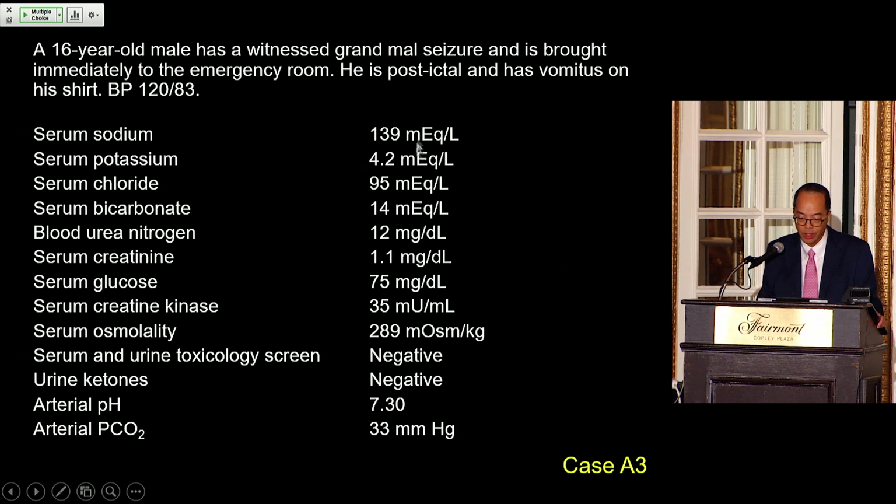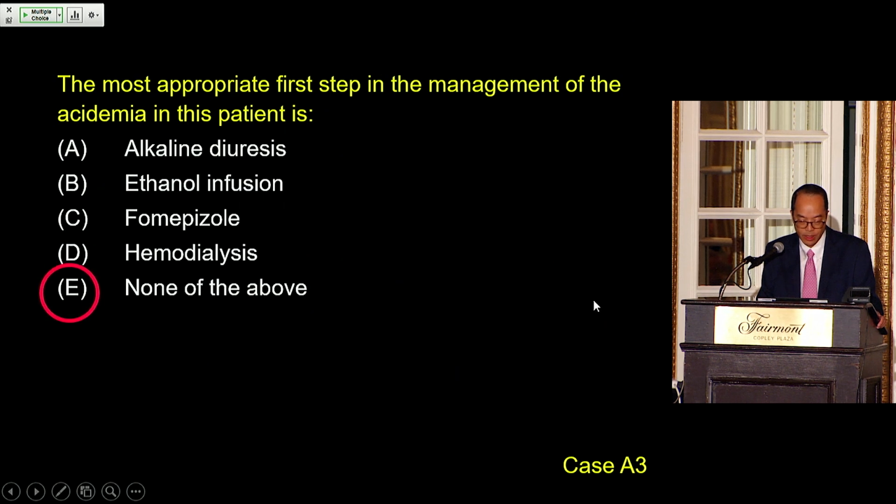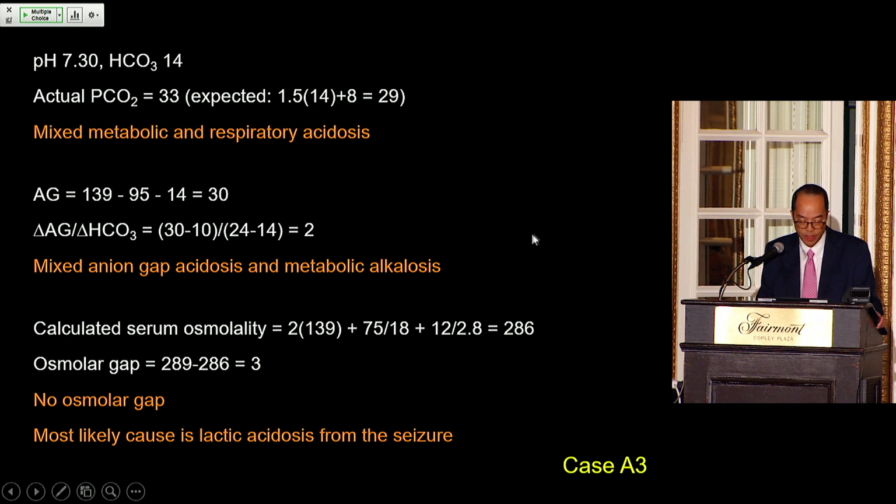So really the solution is not to treat the acidosis and just repeat the labs in 15 or 30 minutes, and oftentimes it's already resolved by then. But if you work through all the numbers, you'll see that it's an anion gap metabolic acidosis. There's also a component of respiratory acidosis and metabolic alkalosis, neither of which is very surprising, but no osmolar gap.